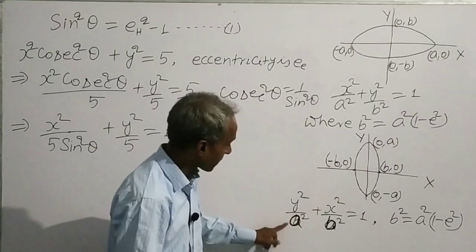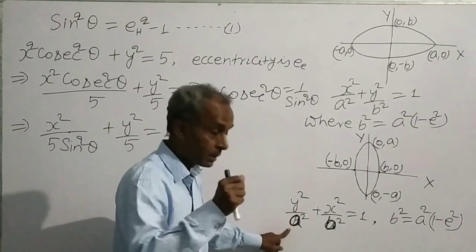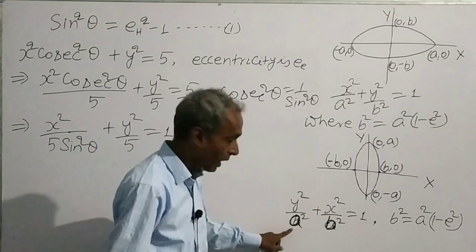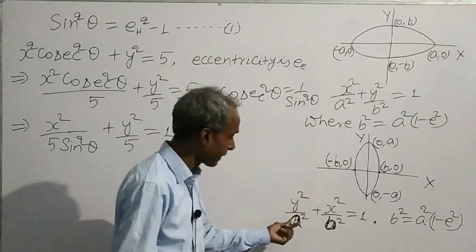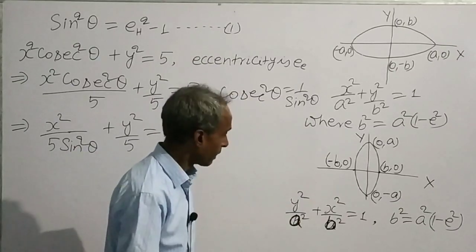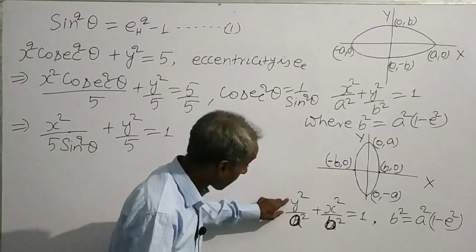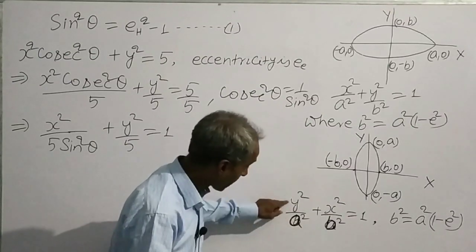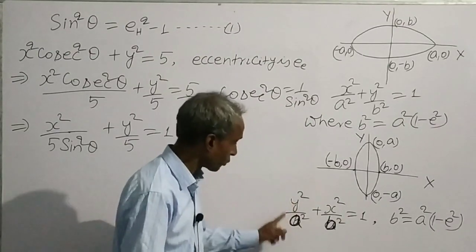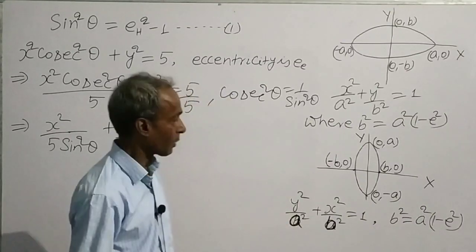But in this equation, a square, that is the square of the length of the semi-major axis, appears in the denominator below y square.